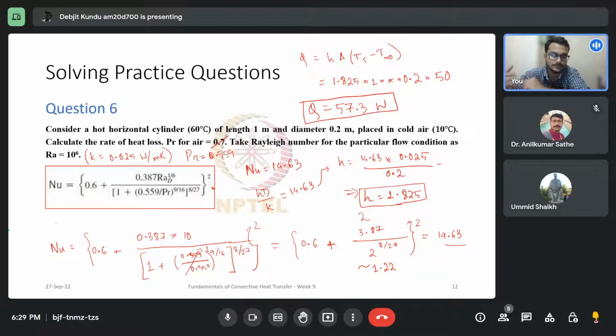Once we have found that, the rest of the steps are common for all cases. After getting Nusselt number, we calculate h, and then for the rate of heat loss, we go back to Newton's law of cooling, Q equal to hA into the temperature difference. This protocol is common for a large class of problems. However, the actual correlation that we use might be different from case to case, but otherwise the flow of steps is the same.